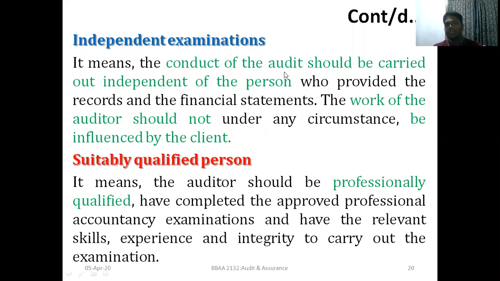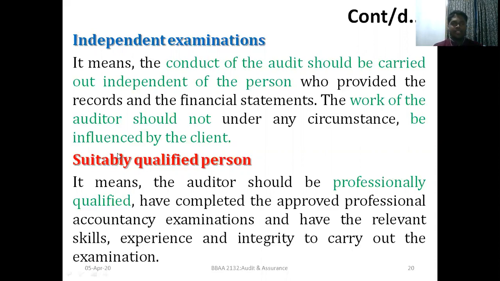It means the conduct of the audit should be carried out independent of the person who provided the records and statements. The client's employees provide the documents, but they can't disturb or interfere in the audit process. The work of the auditor should not, under any circumstances or situation, be influenced by the client. The client can't interfere in the audit process. So that's an independent examination: the audit process should be independent. I hope you understand.